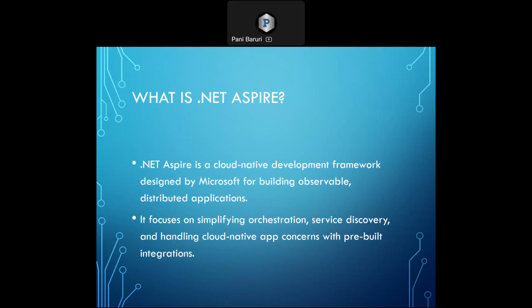I'll go through the code and show you how Aspire discovers the services, and orchestration and configuration management. Aspire is fully integrated with the .NET ecosystem, meaning it leverages all the strengths of .NET, including cross-platform capabilities, great tooling support, and integration with cloud services like Azure.